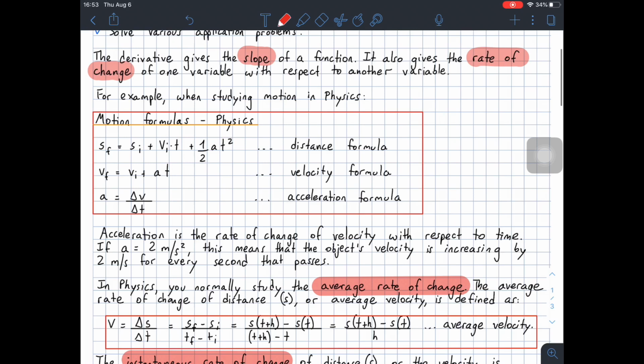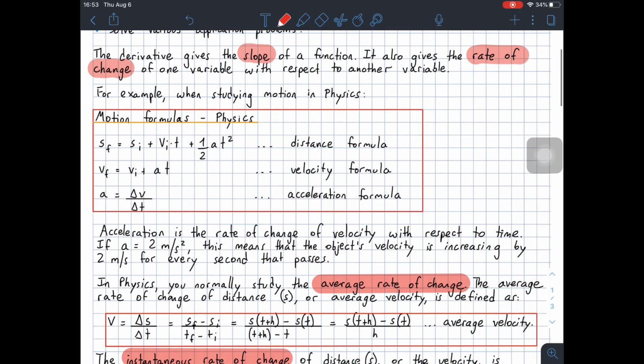When studying motion in physics, we know these motion formulas. The distance formula: final distance equals initial distance plus initial velocity times time plus 1/2 acceleration times time squared.